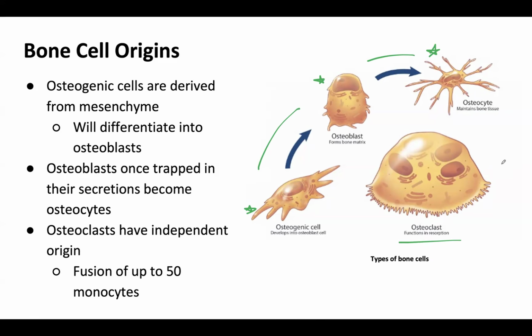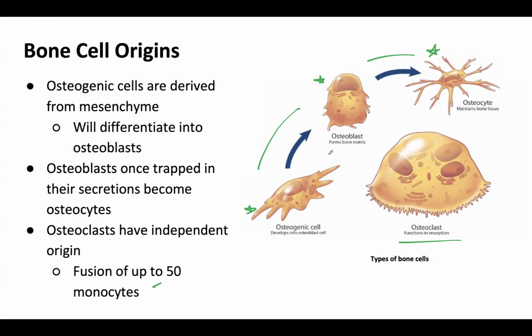It's standing on its own in this illustration, and it's a huge cell comparatively. It's derived from the fusion of up to 50 bone marrow stem cells, which are cells that are going to give rise to blood cells. So completely different in terms of its origin.